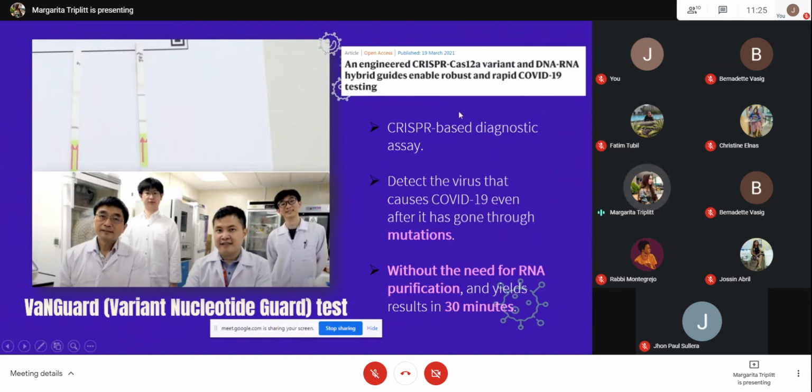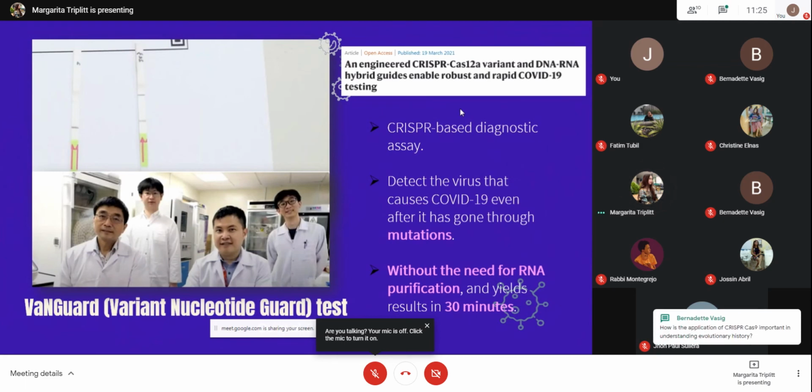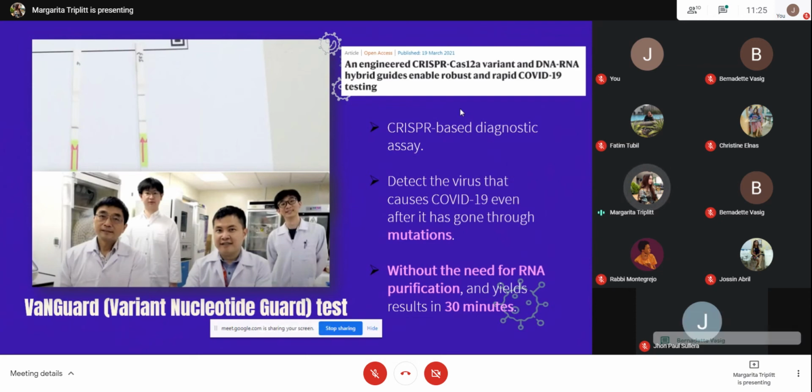So combining the two or more guide RNAs with the enzyme, they have a specific Cas protein that they used here. They have Cas12 and not Cas9. So in this specific type of Cas protein, they have developed two or more guide RNAs to bind with this Cas protein, and that would ensure that if one of the guide RNAs fails to guide it to the correct segment of the viral genome because of a mutation, the other guide RNA can still rescue this mismatch.